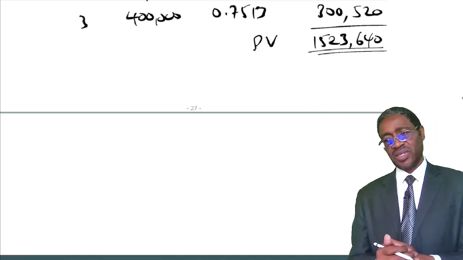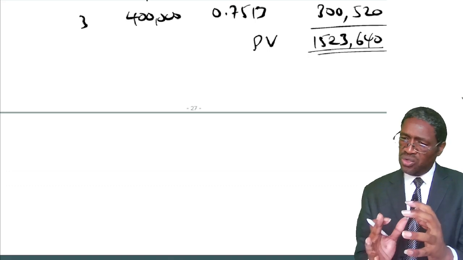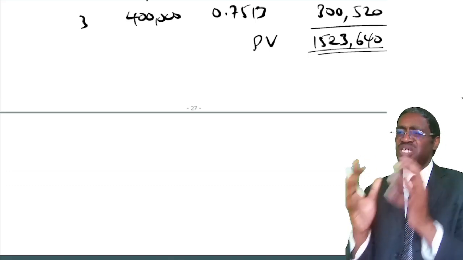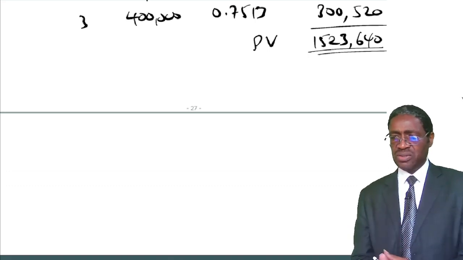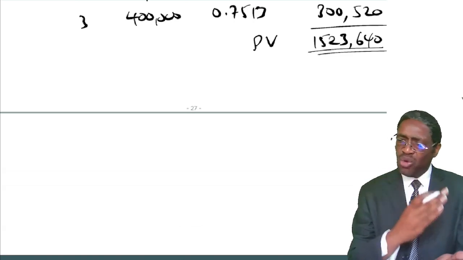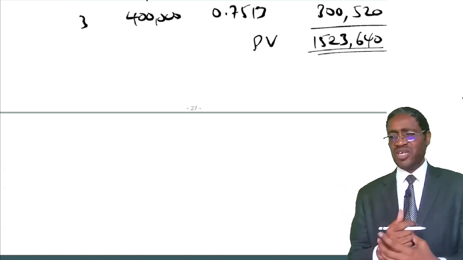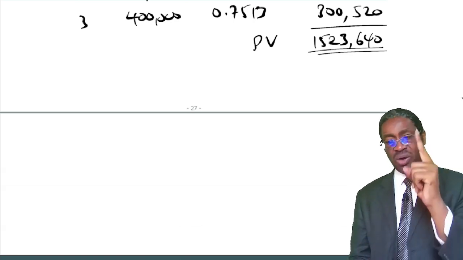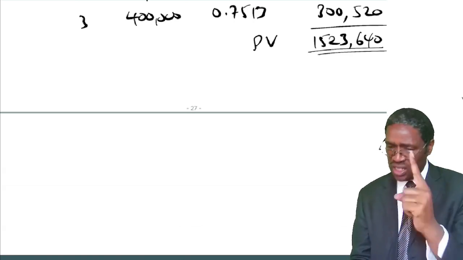What if you want to invest 1 million shillings every year from now for the next 5 years? What will that accumulate to 5 years from now?